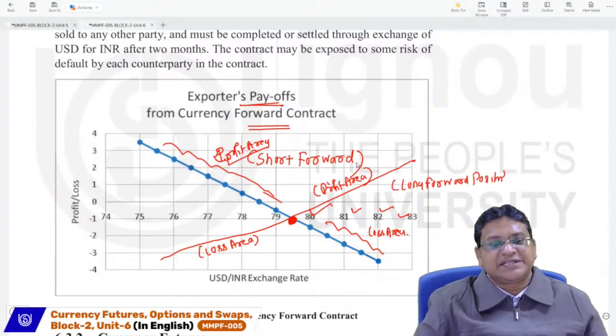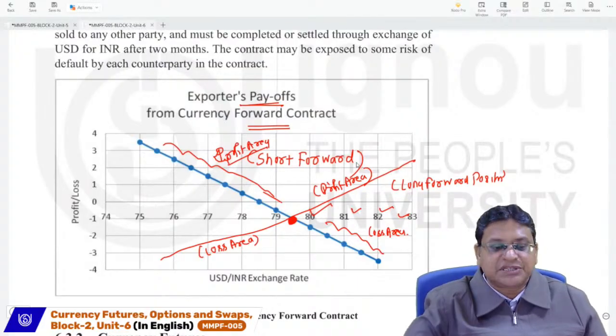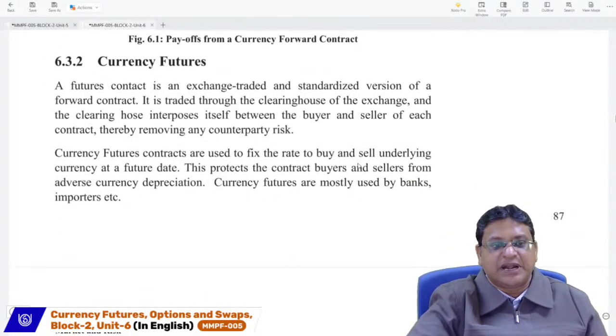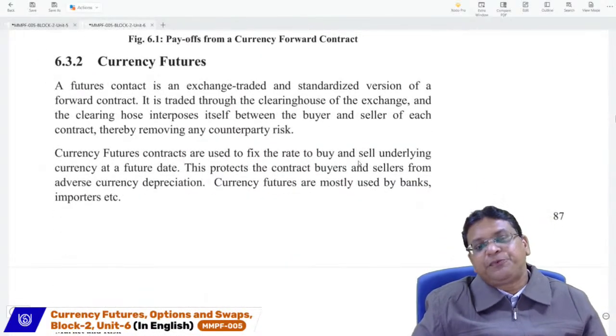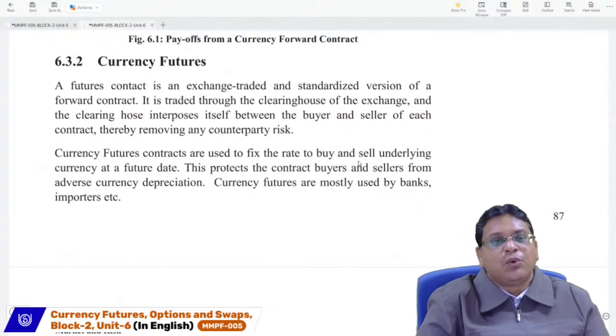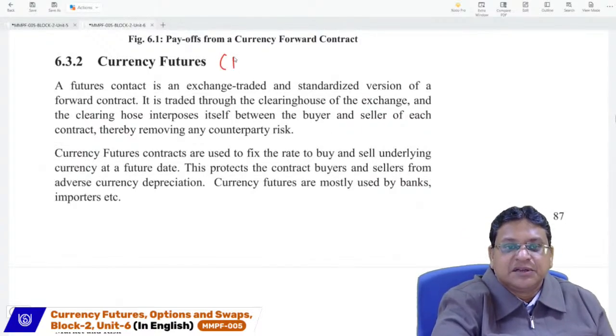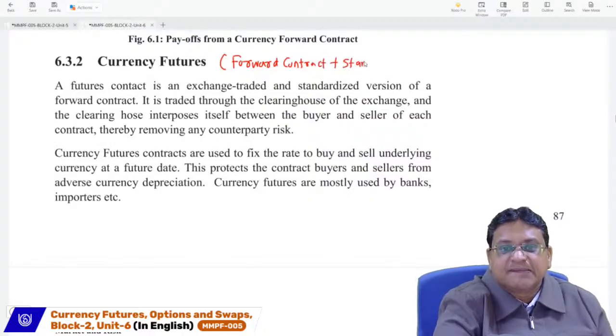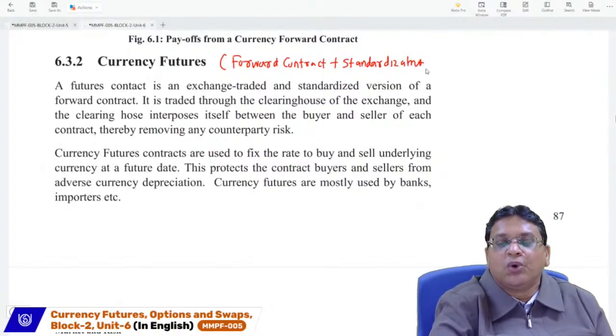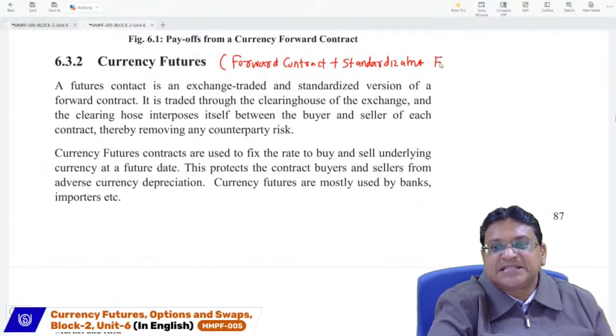In order to avoid this, a new type of contract comes, known as the futures contract. So we will now discuss currency futures contract. There is no difference between forward and futures, except that those forward contracts which are standardized and purchased and sold in an exchange are known as futures contracts.